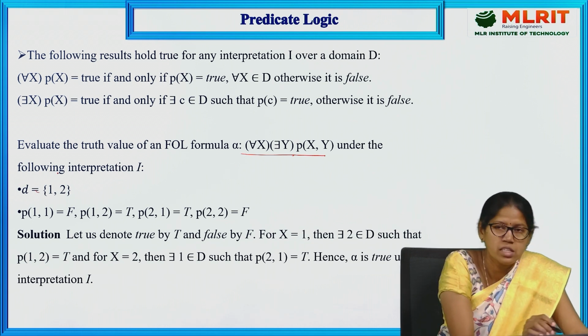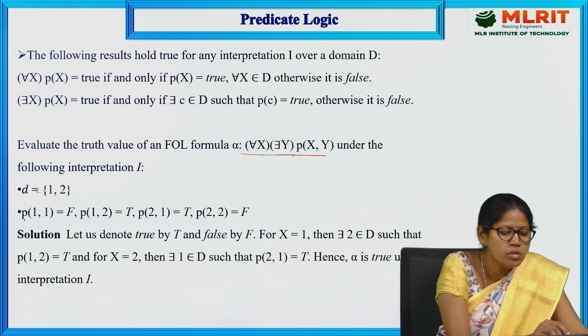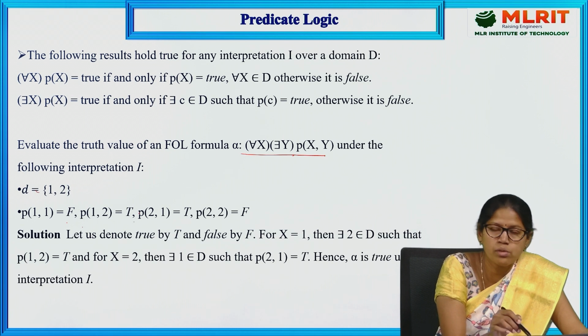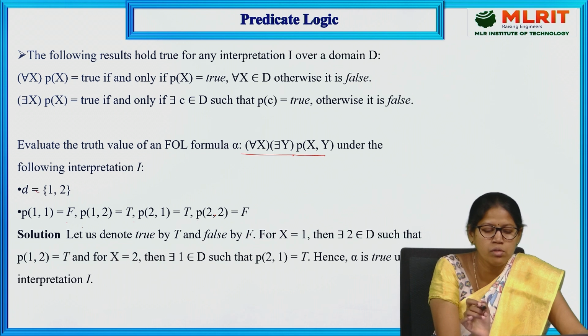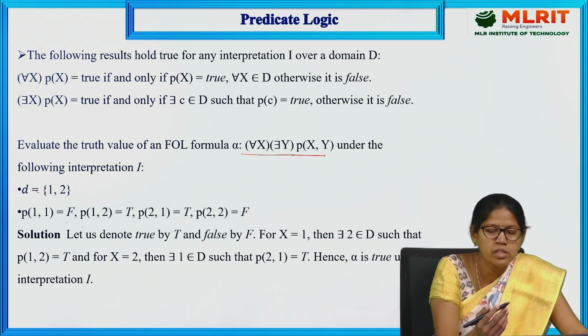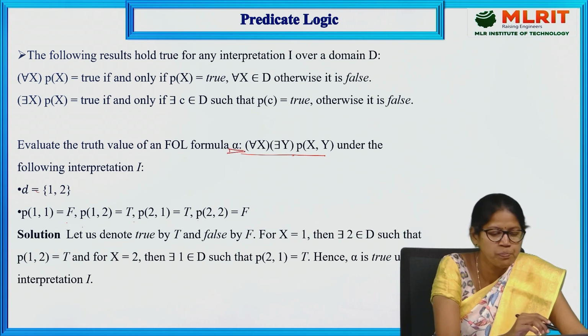So let's see the example here. The domain D equal to {1, 2}, P of 1 comma 1 equal to false, P of 1 comma 2 equal to true, P of 2 comma 1 equal to true, P of 2 comma 2 equal to false. So we need to interpret whether alpha is true or false. Let's check.